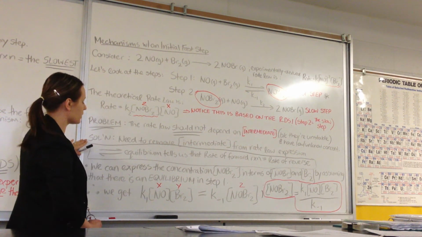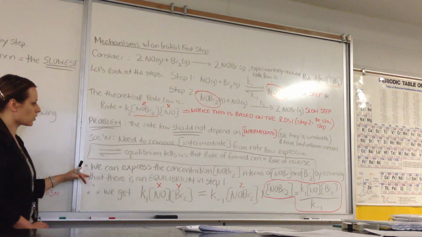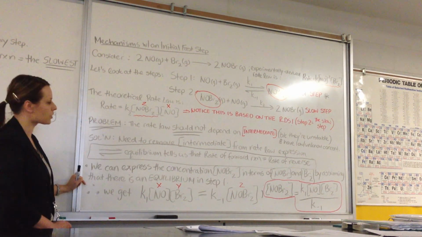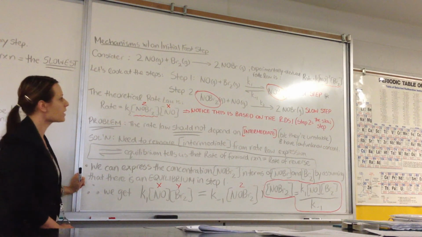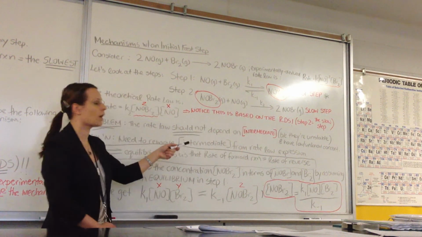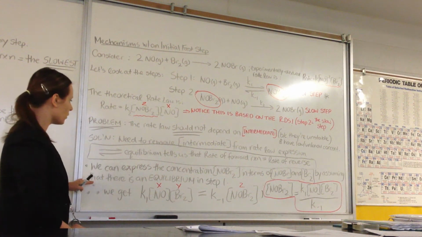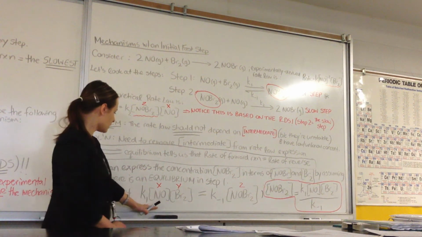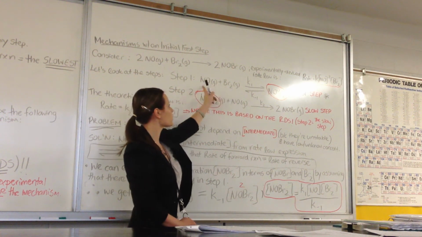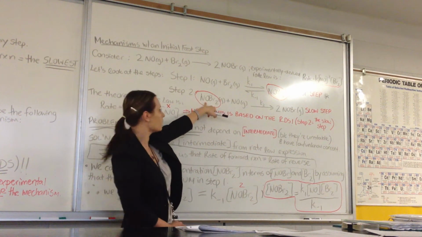Our solution is, we're going to have a look at what equilibrium actually means. So we know that in step 1, the rate of the forward reaction equals the rate of the reverse. This is by nature the definition of that double-headed arrow. It means that as soon as the product forms, it reverts back through the reverse reaction. So we can figure out how to rewrite this expression in terms of the true starting materials, the true reactants of the reaction, allowing us to get rid of NOBr2.